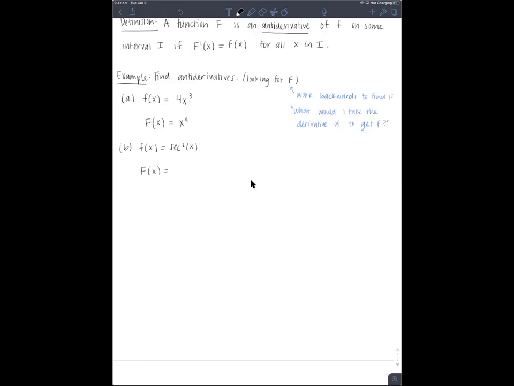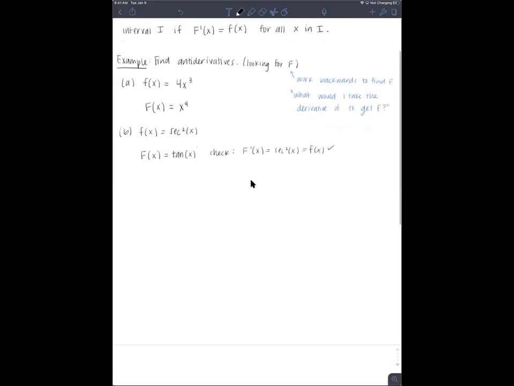Yeah, it's tangent, right? And so here you can check your answers too. So if you take big F prime, you're gonna get secant squared of x, which is equal to little f, right? Same thing here if you do the check.